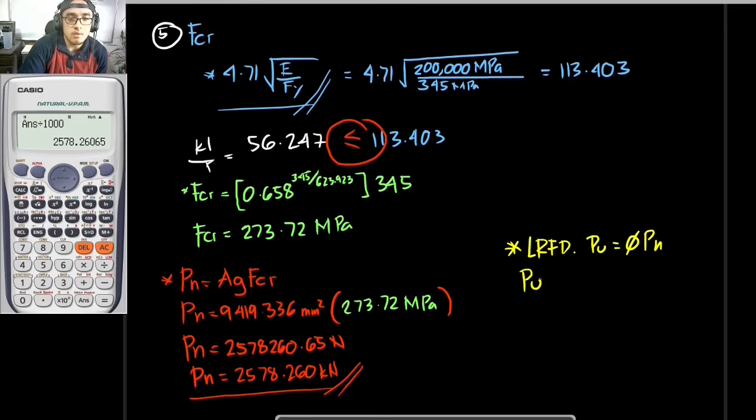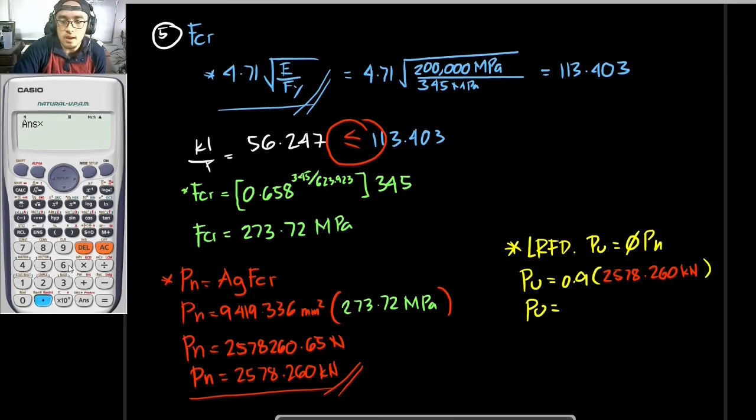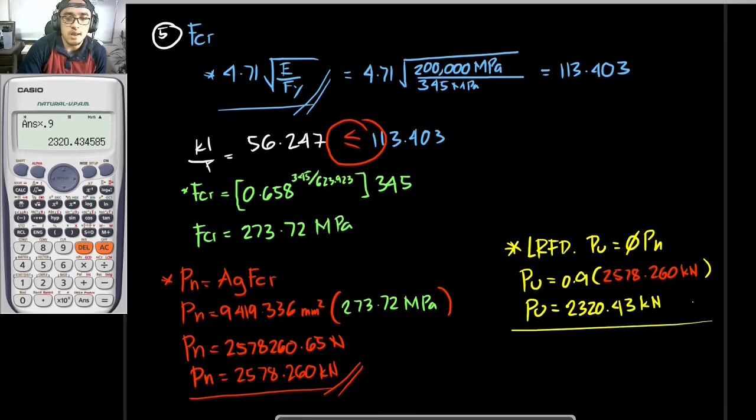So, PU is equal to phi, which is 0.9, times PN, and our PN would be 2578.260 kilonewtons. Solving for that, multiply lang natin ng 0.9. So, that is 2320.43 kilonewton. So, this is our design strength.